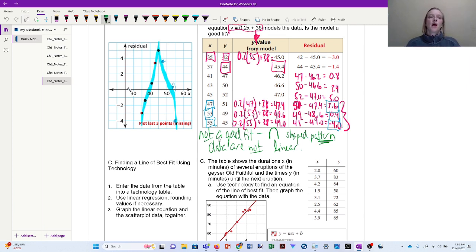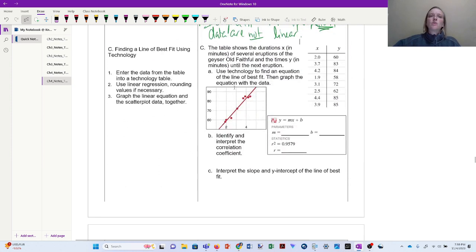All right, so this is how we would analyze a line that we had drawn by hand. Of course, with modern day technology, calculators, computers, there are better ways to do this. And so let's look at how to do this.